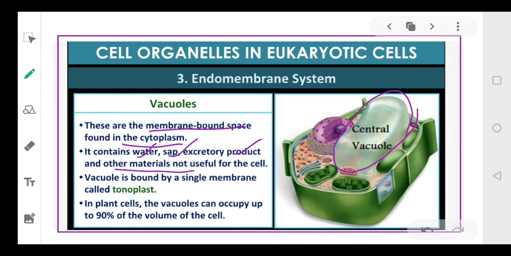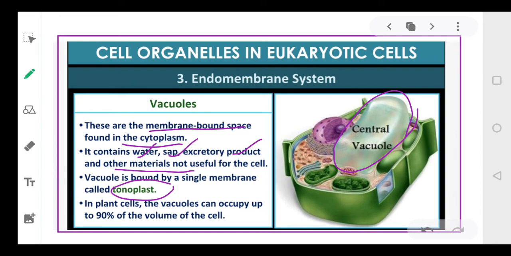The membrane of the vacuole is called tonoplast. In plants, 90% of the volume is occupied by the vacuole, while in animals the vacuoles may be completely absent, and if present, they are very small in size. So big sized vacuoles is a characteristic of plants.